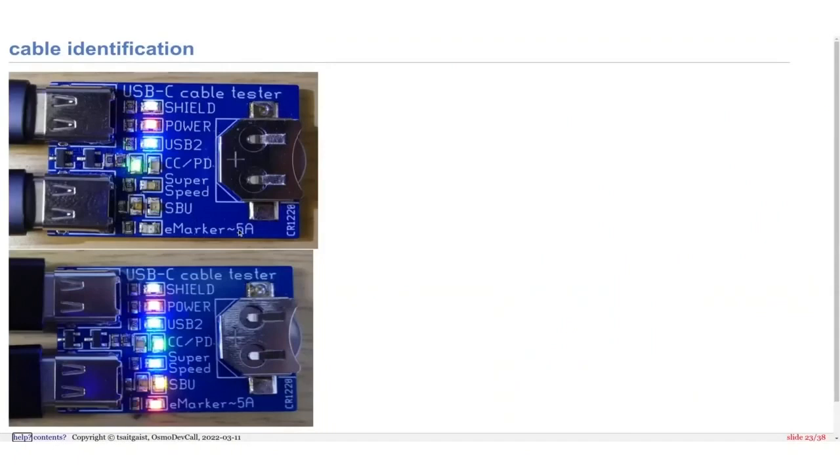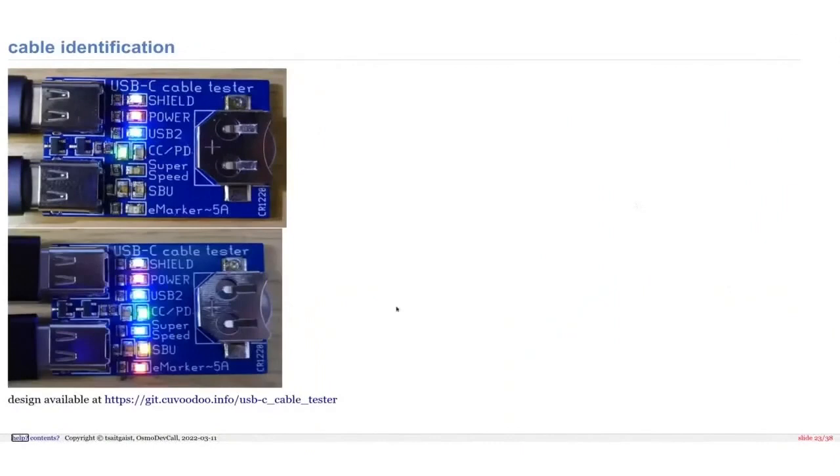E marker doesn't always mean it's 5 amps. You have to ask the chip inside if it's really 5 amp, but it's a strong indication. And is the link not there? Well, let me unscroll this. Yeah, here. So if you want to have a look at the device, you can find the sources here if you want to build one. And it's quite useful to identify the cables.